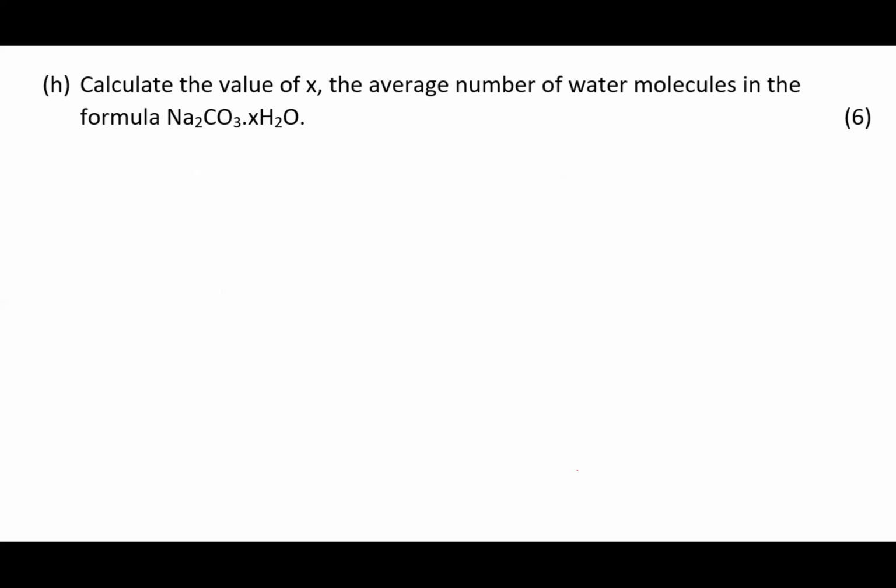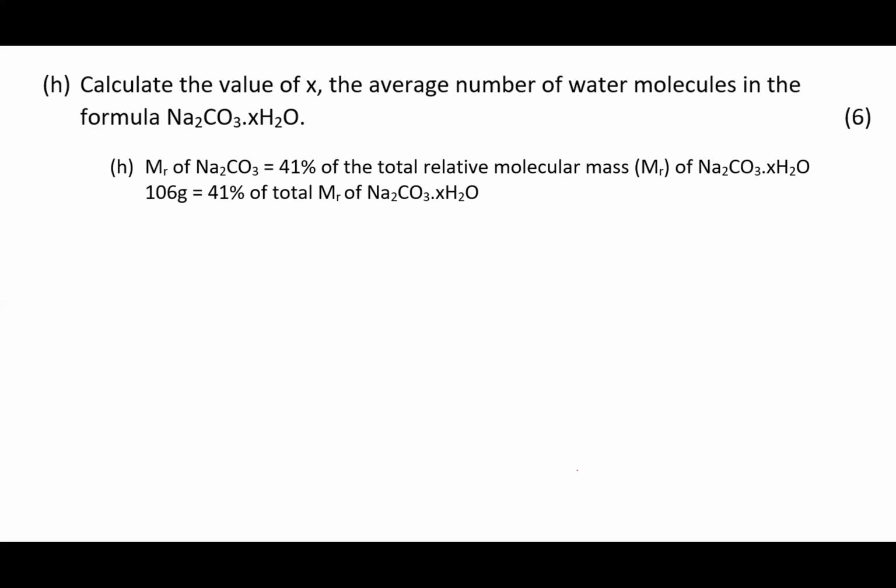And then finally, we're asked to calculate the value of X, which is the average number of water molecules in that formula, Na2CO3 XH2O. So again, going back to our percentages, we know that 41% of the total molecule is Na2CO3 because we were told that 59% is water. So that means the relative molecular mass of Na2CO3 is 41% of the overall relative molecular mass.